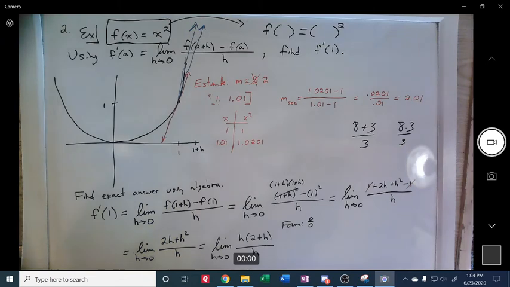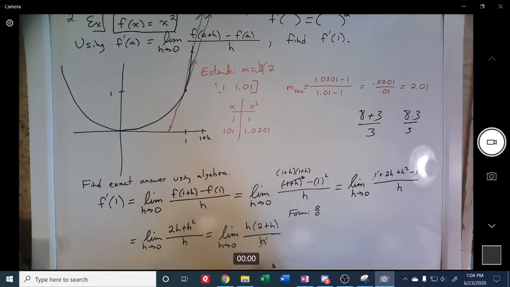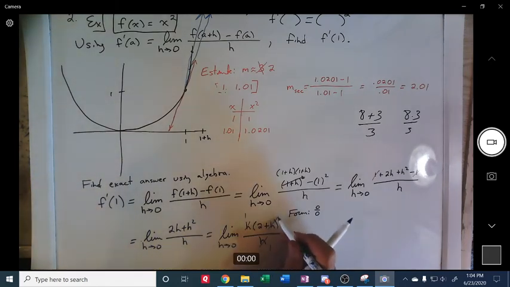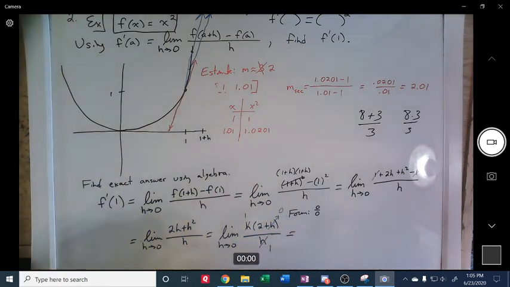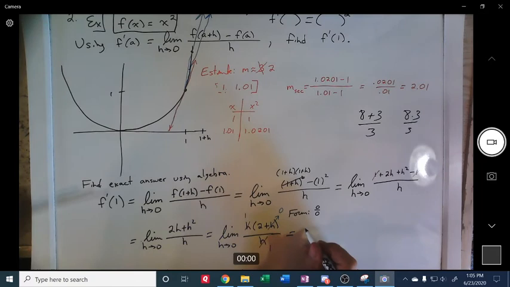And then I am going to reduce. At this point, if I substitute 0, I'm getting 0 over 0. But as soon as I reduce, I can now substitute the h being 0, and I'm not going to get 0 over 0. As h goes to 0, it drives this thing to 0, and I get 2.